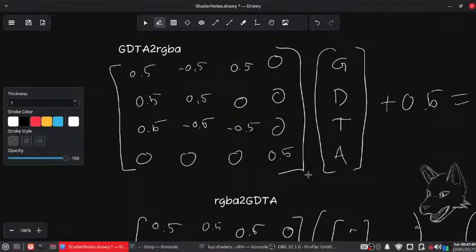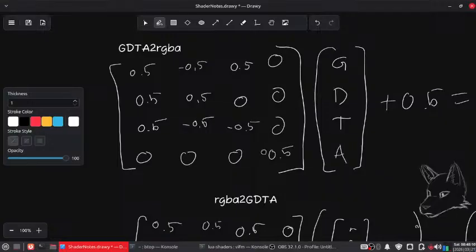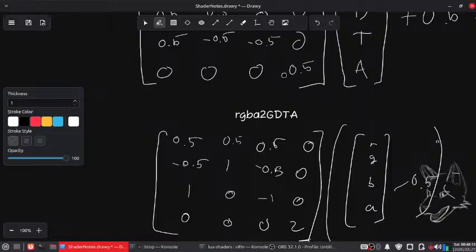Doesn't make any sense. Because all these end up turning to 2. This turns to 1, 2, 1. 0.5, 0.5. 0.5 minus 0.5. 0.5. How?